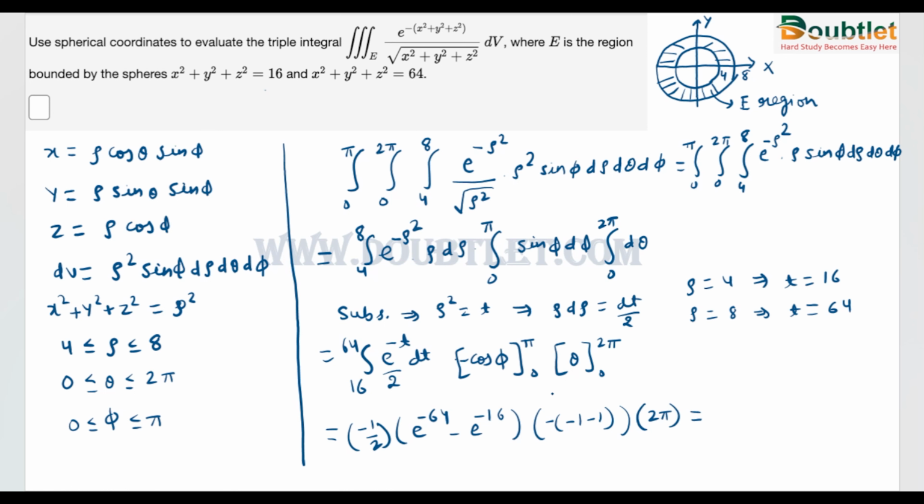If we solve this, we get 2 pi times e to the power minus 64 minus e to the power minus 16. So this is the answer.